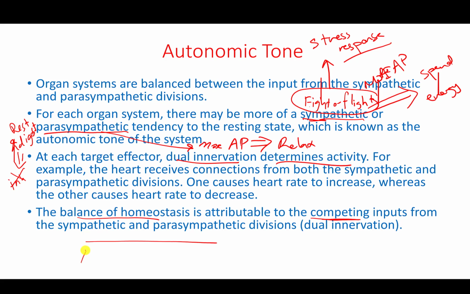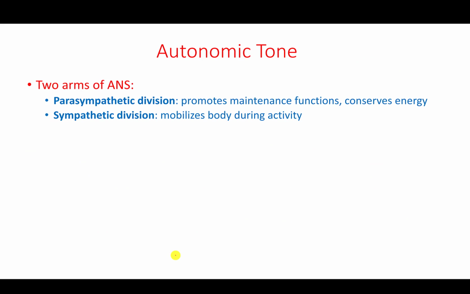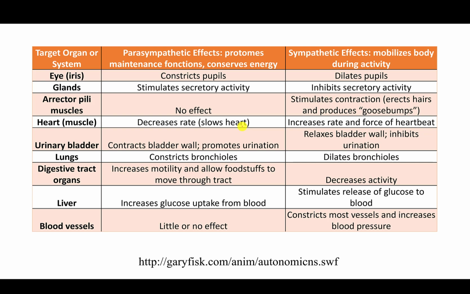Again, which one is dominant will determine the state of the body. So here, the parasympathetic division promotes maintaining functions, conserves energy, whereas the sympathetic would mobilize the body during activity. So here are some organs and how parasympathetic or sympathetic divisions affect them. So for example, for the eye, the iris, the parasympathetic will constrict the pupil, meaning it will reduce light coming to the eye, whereas the sympathetic will dilate the pupil.